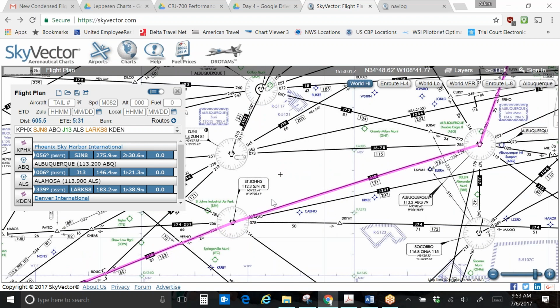So if we want, we can average that out and just say 057, to compensate a little bit for this portion of the top of climb to St. John's. Okay, so top of climb to St. John's, we're doing heading 057.